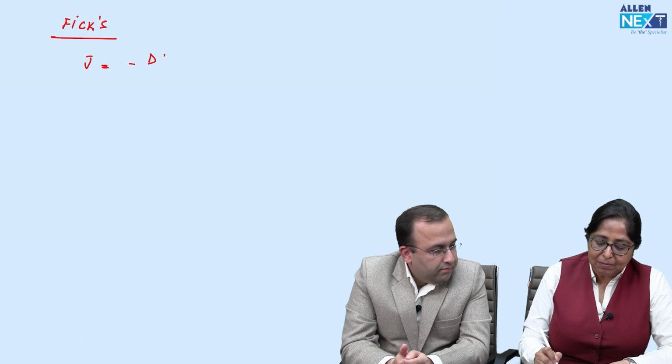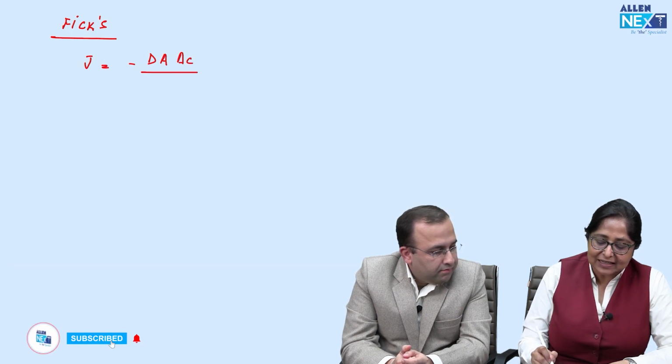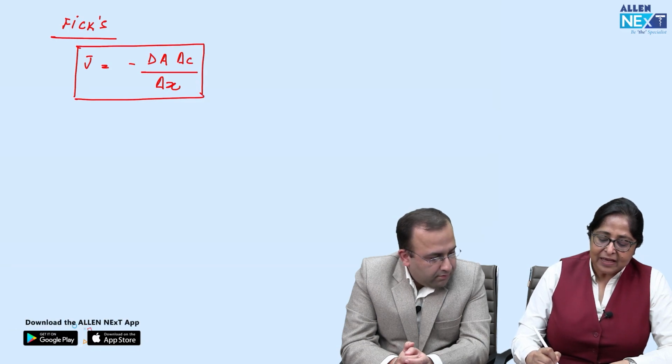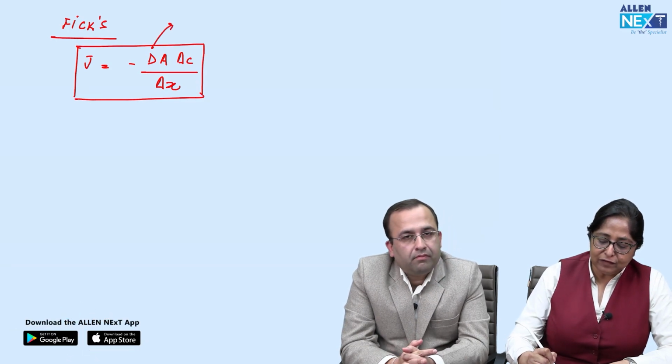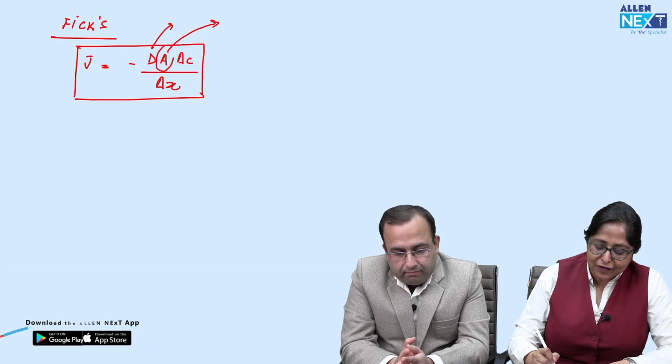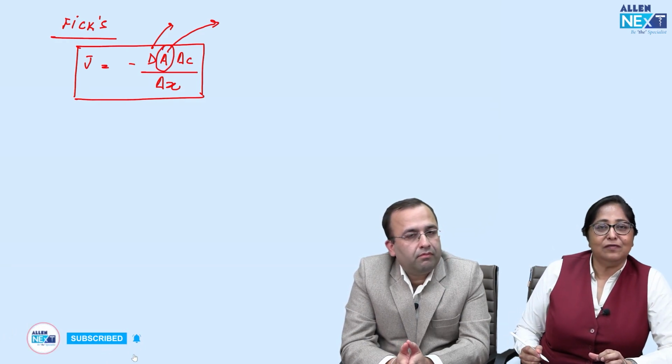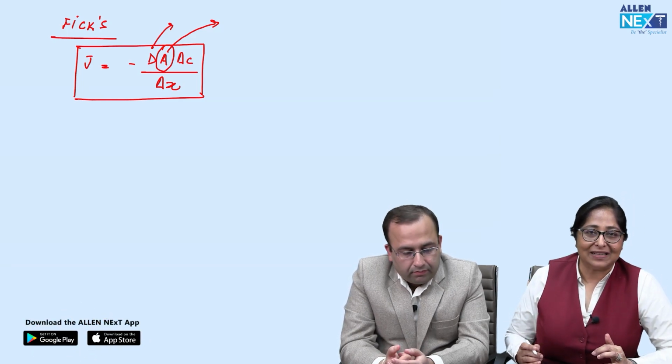What is Fick's law of diffusion? J is equal to minus D A delta C by delta X. A very often asked question. D is the diffusion coefficient, A is the surface area. So if the surface area available for diffusion reduces, the diffusing capacity will automatically reduce.